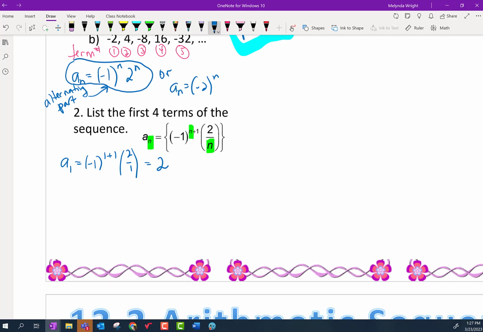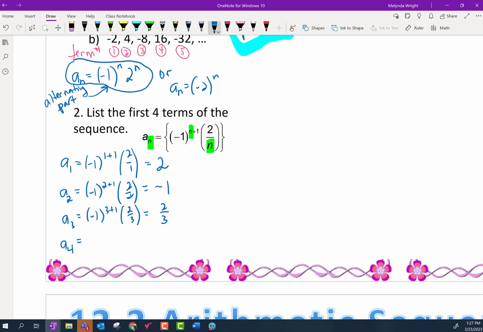Okay. My second term, I have -1 to the 2 plus 1 times 2 over 2. Let's clean that up. -1 cubed is a negative number, so that's -1. My third term, I have -1 to the 3 plus 1 times 2 over 3. -1 to the 4th is positive, so I have a positive 2/3.